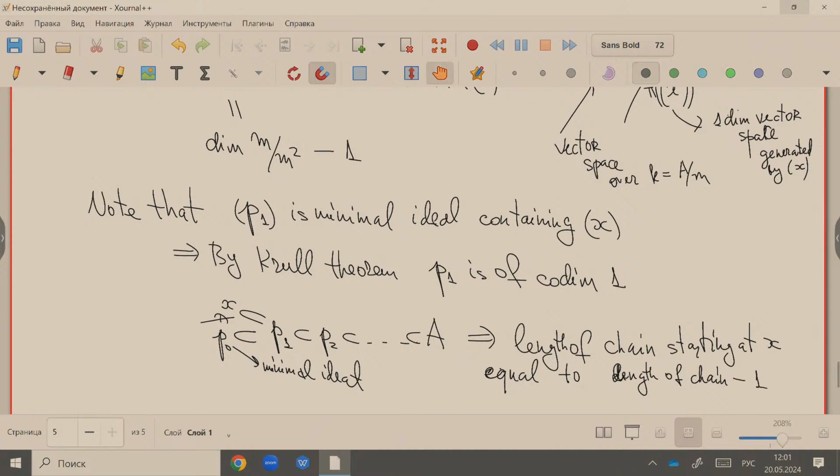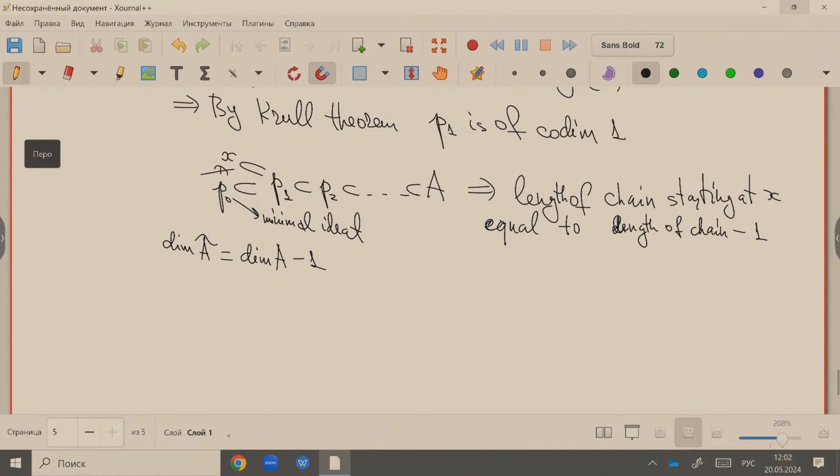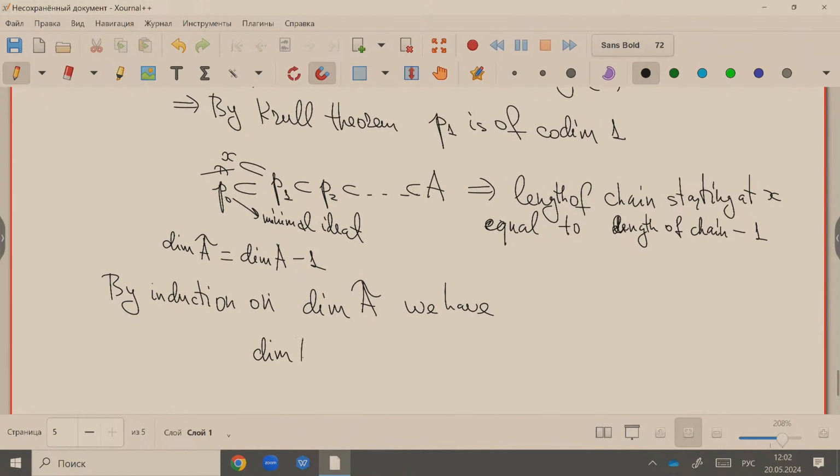So dimension of A tilde is precisely dimension of A minus 1, and this implies that by induction on dimension of A tilde, we have the dimension of A tilde is less or equal than dimension of n modulo n square.